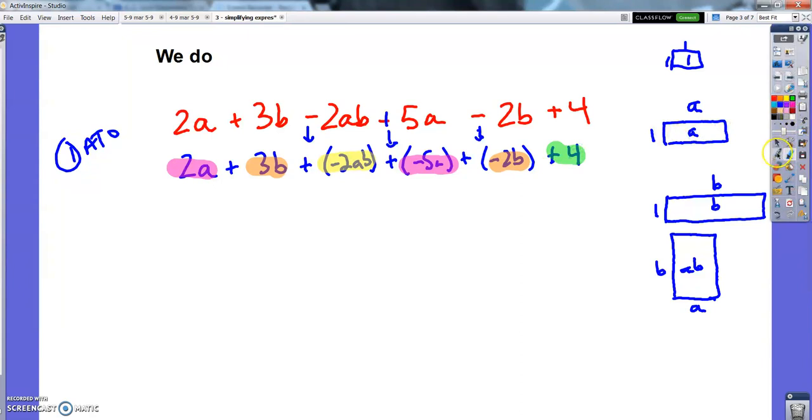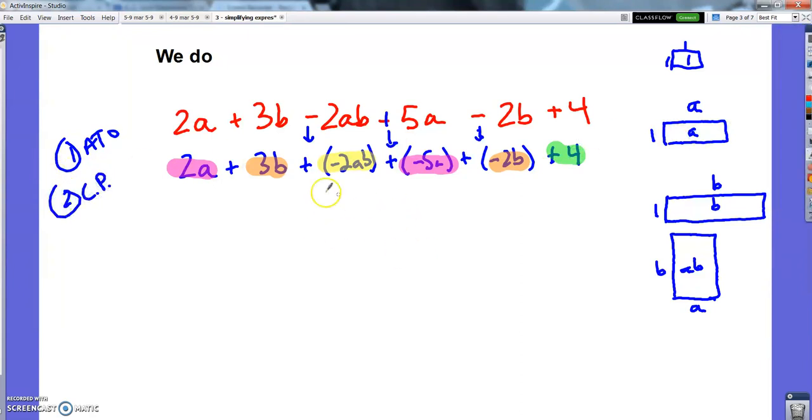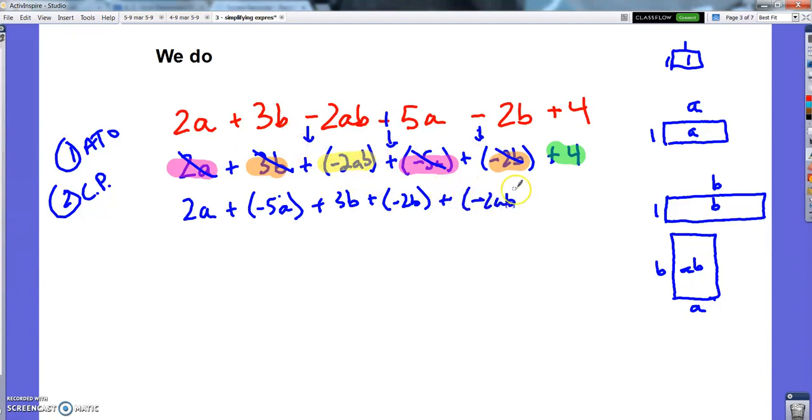And so when I use my commutative property here, I'm just going to reorder them so that things that go together are together. So I'm going to do my A's, my B's, my AB's, and my 4.